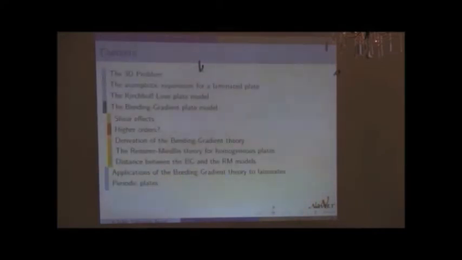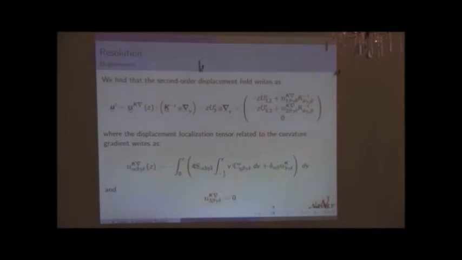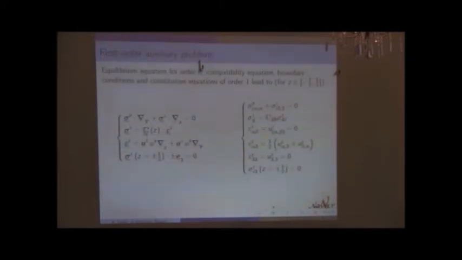Turns out that at this order, for the transverse shear auxiliary problem, there is no plate theory. There is no macroscopic problem to be solved because of the symmetry of the problem. I don't want to give too much details, but there is no problem. And if you want to find a macroscopic problem, so a plate problem to be solved, you need to go another order higher, which is painful.